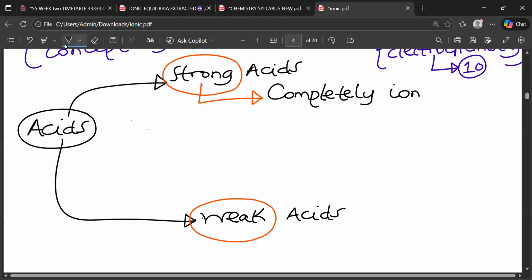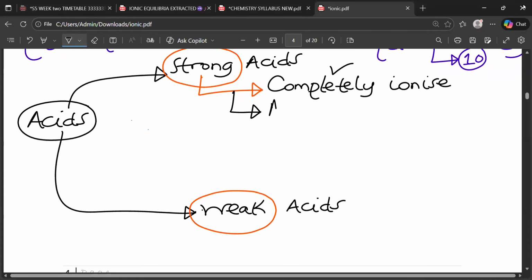All I want is to see the words completely ionizes. Then what happens? That's what I wanted to see. Completely ionizes, and it will give us many hydrogen ions.